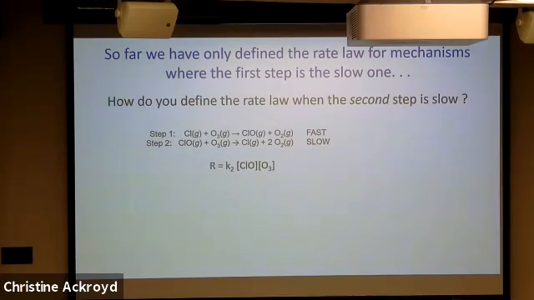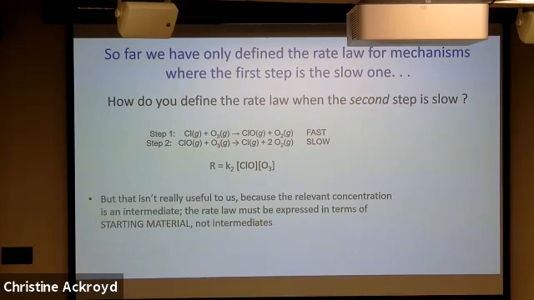So you have to define a rate law from starting materials that you can get off the shelf from your chemical cupboard and make a solution out of. When we make a solution, ClO is not one of our starting materials, is it? It's an intermediate. So we can't include ClO in our rate law.